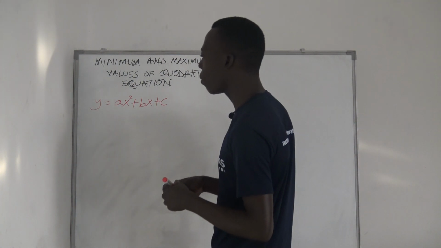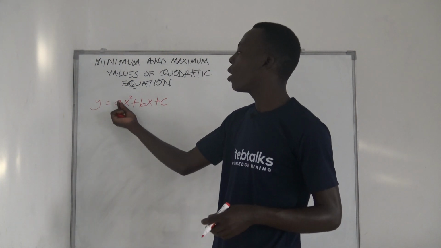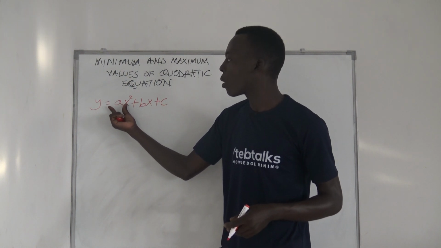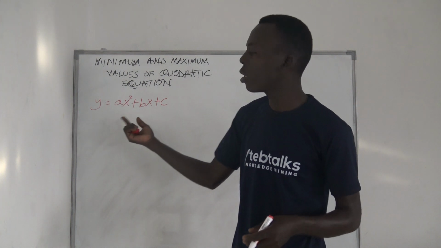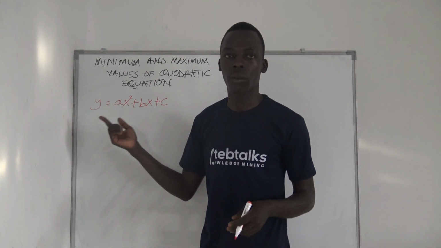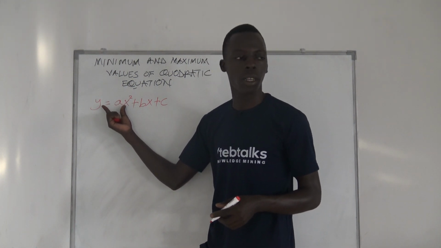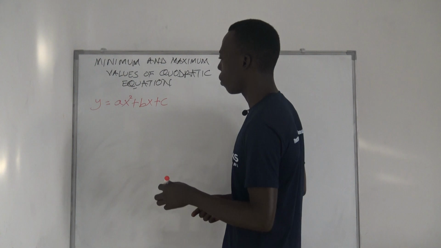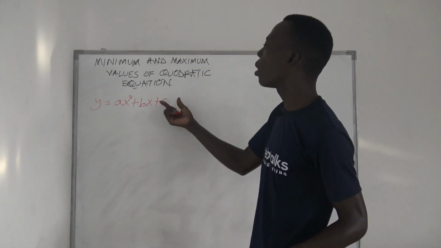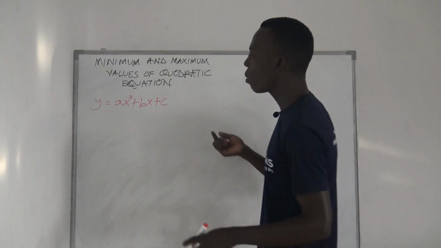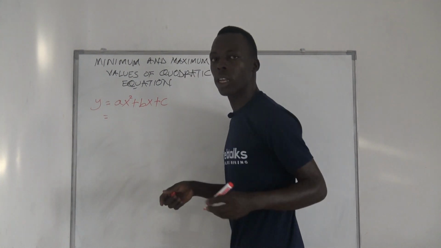So what we are going to do first, since we said that when you are completing squares, the coefficient of x squared must have a degree of 1, is to make a become 1. Here we don't have an equal sign equal to 0, so we factorize out the a.